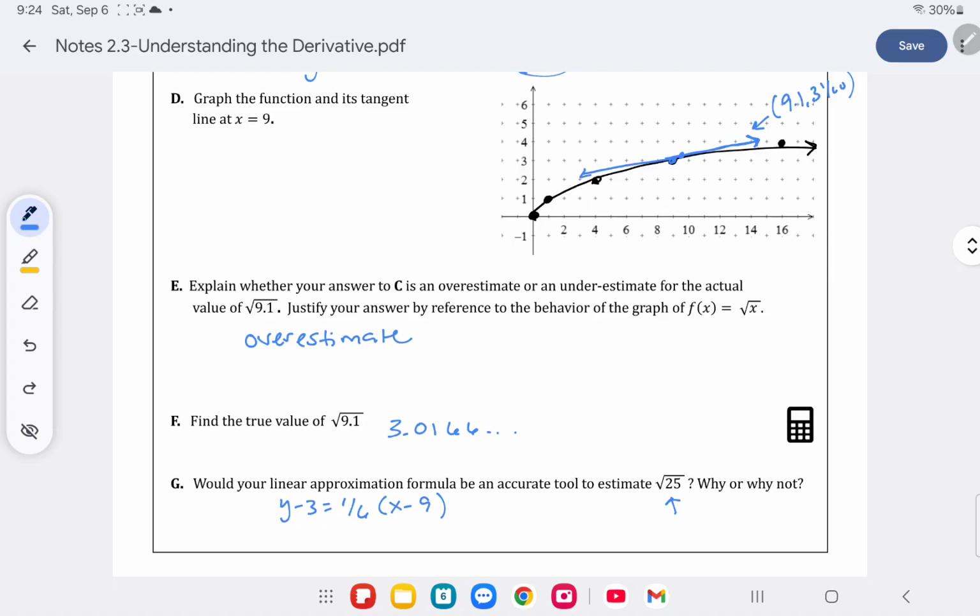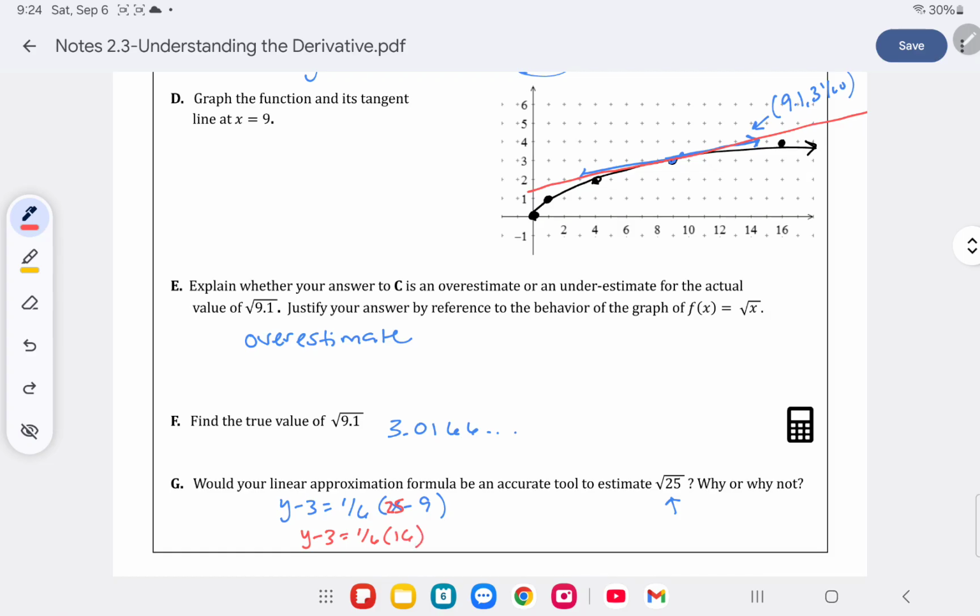And the answer here is no, because if I were to extend this tangent line and just make it keep going forever and ever, the further I get away from 9, the less accurate my estimates would be. So at 25, we know the square root of 25 is 5, but if I plugged 25 into the equation we got at 9, I'd have y minus 3 equals 1/6 of 16.